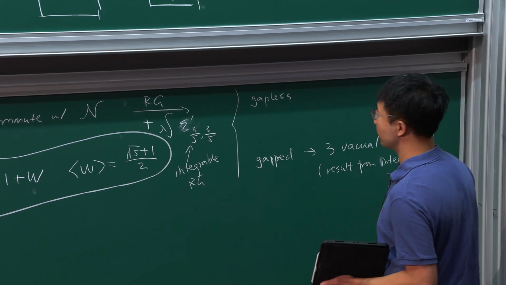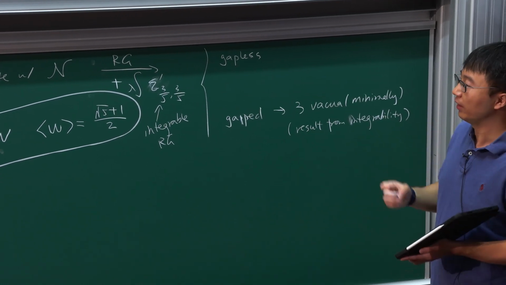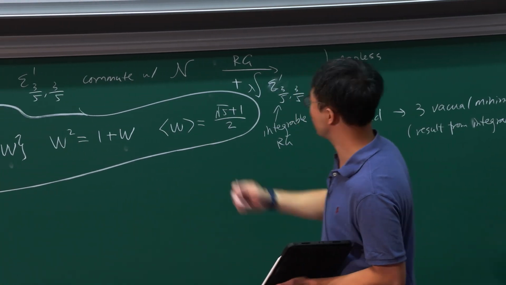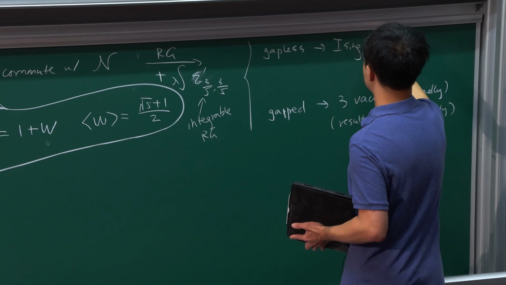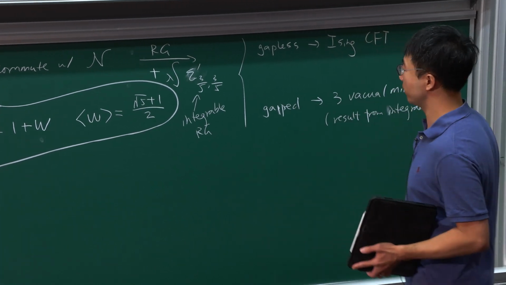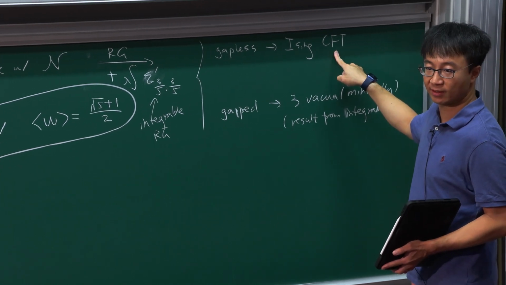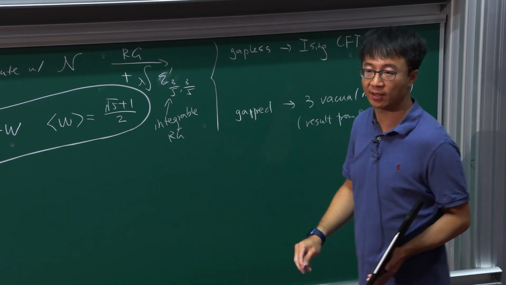And in the gapless case, you will have to end up with a CFT that has the same symmetry. The only other CFT with this symmetry, with c smaller than 1, has to be the Ising CFT. So the direct prediction from the symmetry consideration already tells us that if it's gapless, in this case, it has to be the Ising CFT. And again, this is confirmed by the integrable RG flow with the other sign of this lambda deformation.